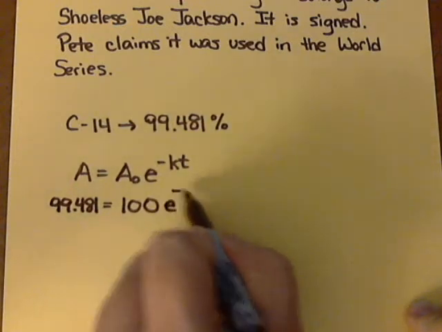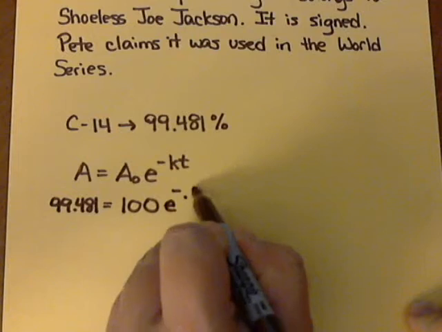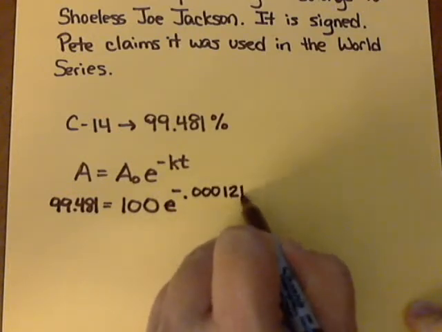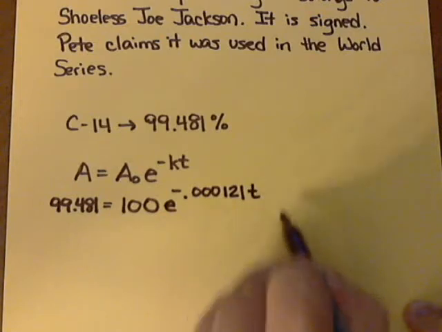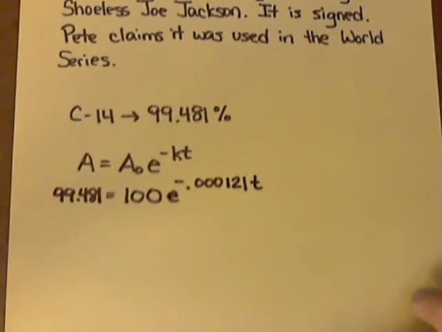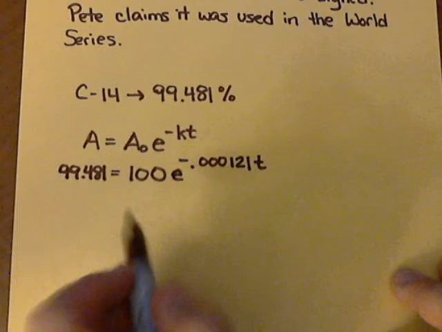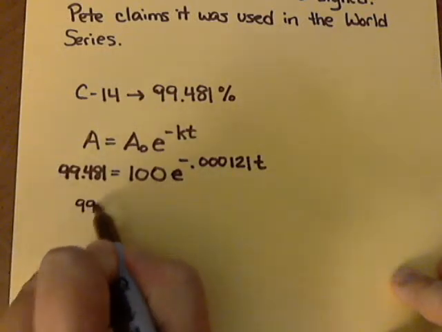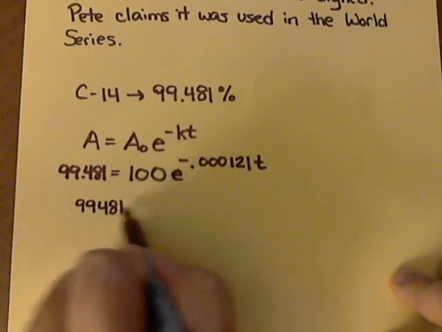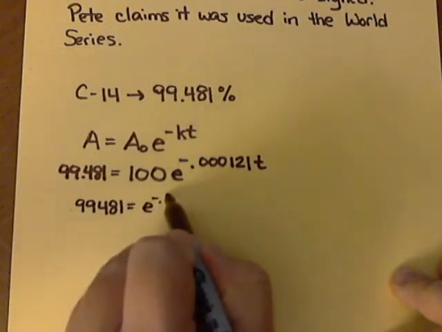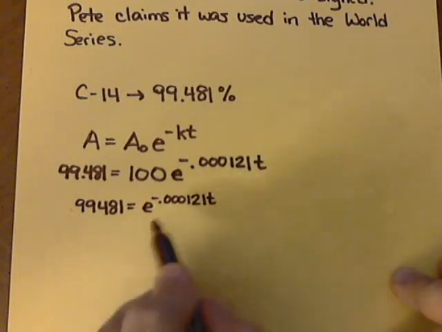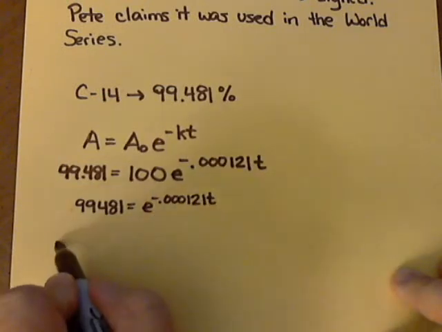By now we know that the decay constant for carbon-14 is 0.000121, and we want to solve this for t. So we're going to divide both sides by 100. That just moves the decimal over 2 places. And then to cancel out the e, we're going to use the natural log.